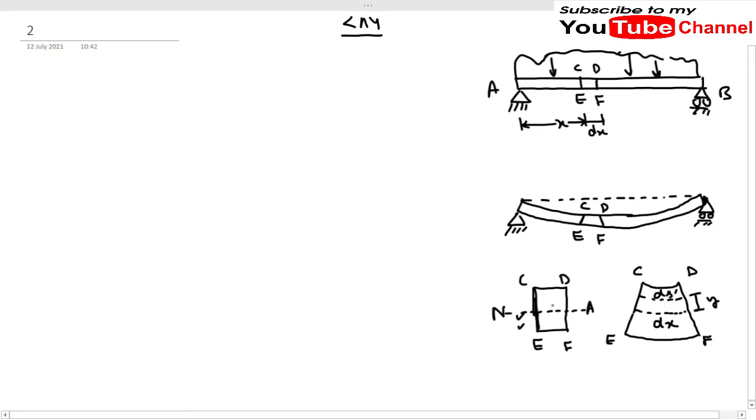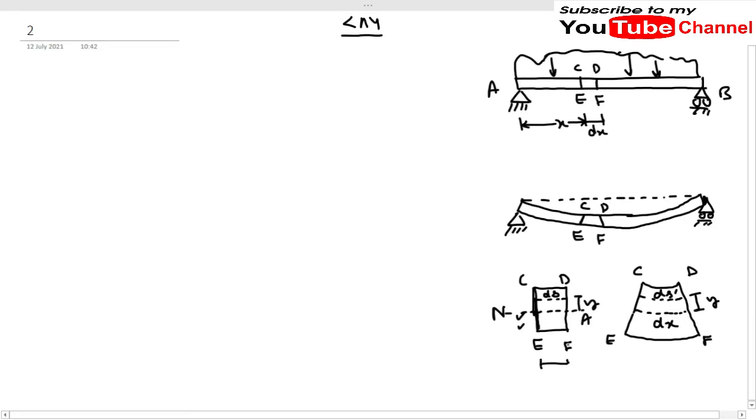We also take this segment at a distance y in the undeflected shape, and here we assume this length is ds. So in the undeflected shape this length is ds, and in the deflected shape this length is ds dash.